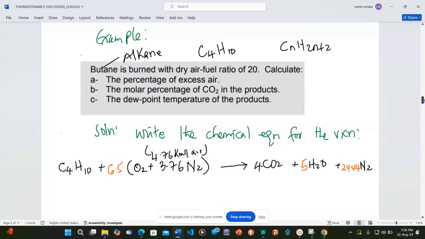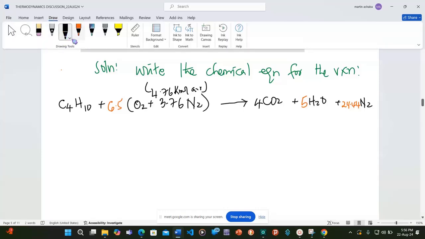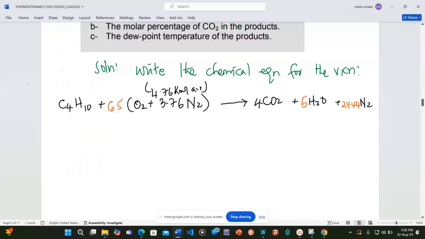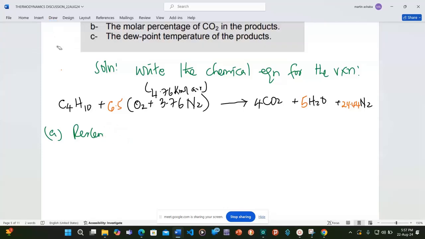Okay, once you have ascertained that, you have to proceed and now look at the percentage of excess air that we are told to calculate, and that will be obtained from the air fuel ratio.